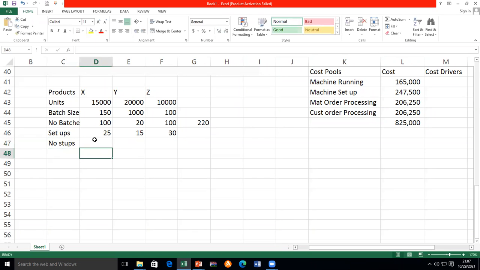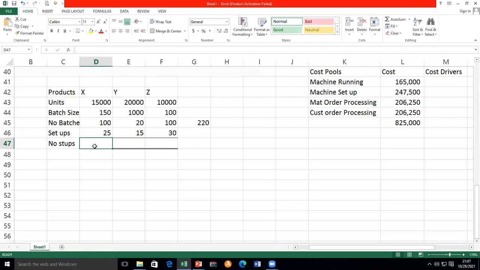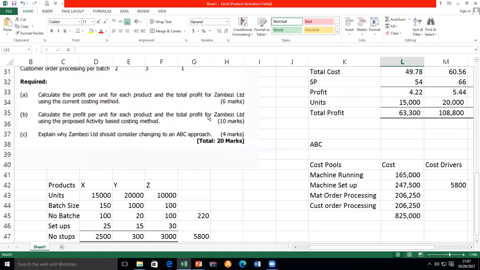Now you can find the number of setups here. The number of setups are batches multiplied by setups per batch. So the number of setups that you have are 5,800. That is one.